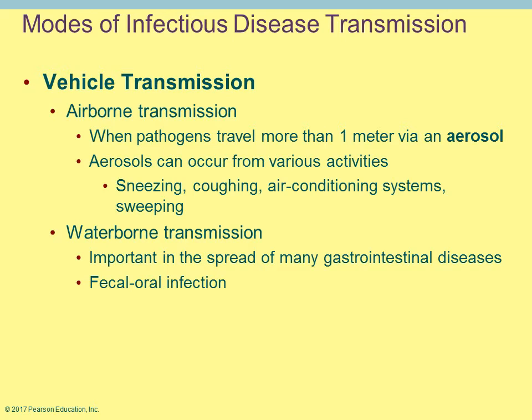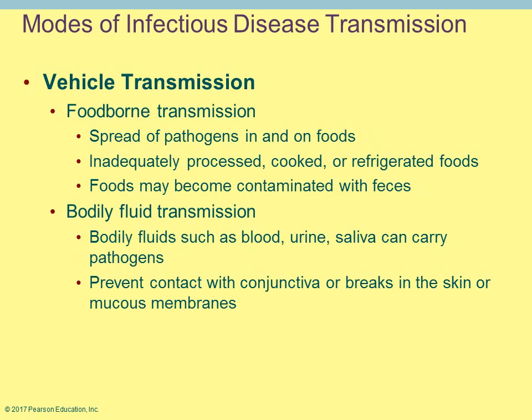Vehicle transmission, airborne, once again, sneezing, coughing. Waterborne transmission, we're going to see this a lot when we get into specific diseases, especially those that cause diseases of the GI tract, where it's contaminated water, and that's how it is spread. Foodborne is when it's in contaminated food that has not been properly cooked.